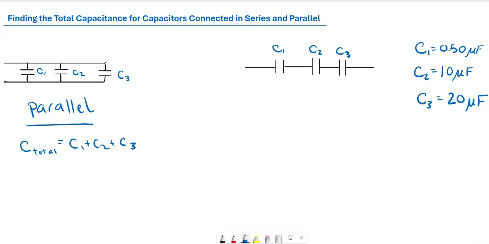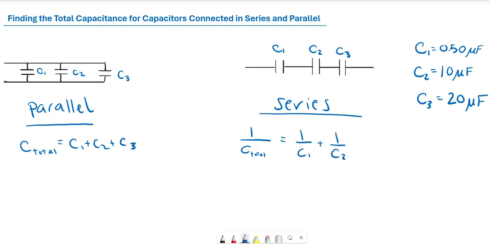So in series, it's a little bit more complicated for a capacitor. So we have a series circuit over here. These are just three capacitors connected next to each other. For capacitors connected in series, the equation that we have to use to find the total capacitance is 1 over C total is equal to 1 over C1 plus 1 over C2 plus 1 over C3.